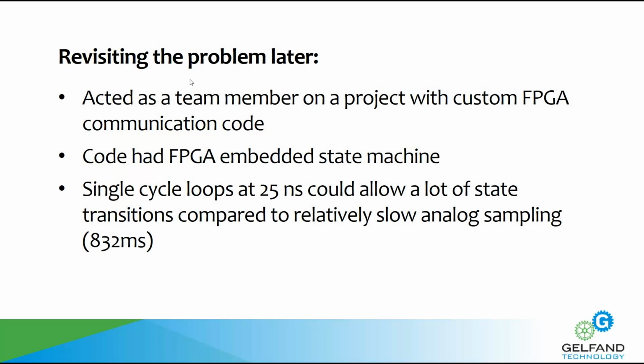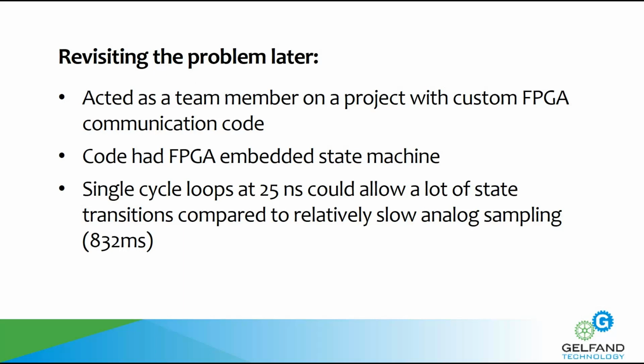So later on, I chose to revisit the problem after acting as a team member on a project with custom FPGA communication code where someone else had written this code that I then had to learn, fix an error or two, and the code had an FPGA embedded state machine in order to do its communication.